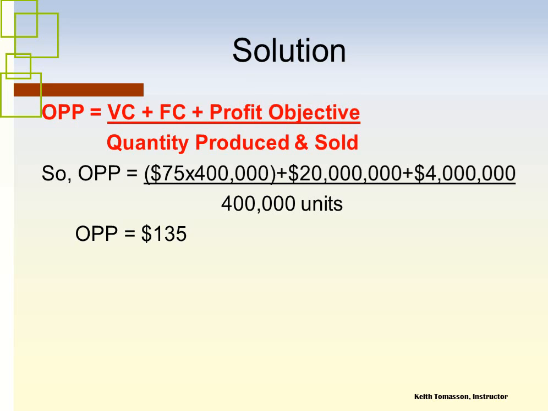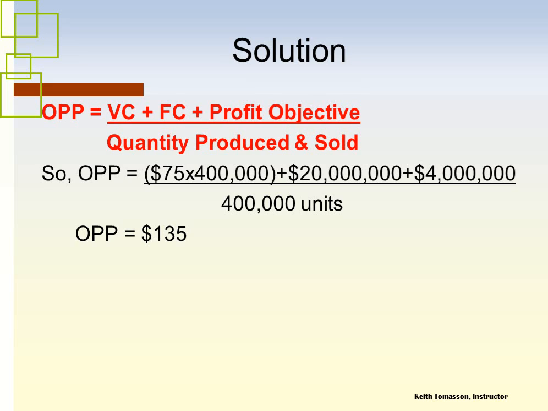And that becomes our numerator. We already said that the quantity produced and sold, or our denominator, is 400,000 units. So by simply solving that equation, we determine that the optimum price point is $135. That's the optimum price point to cover all of our fixed and variable costs and our profit objective.